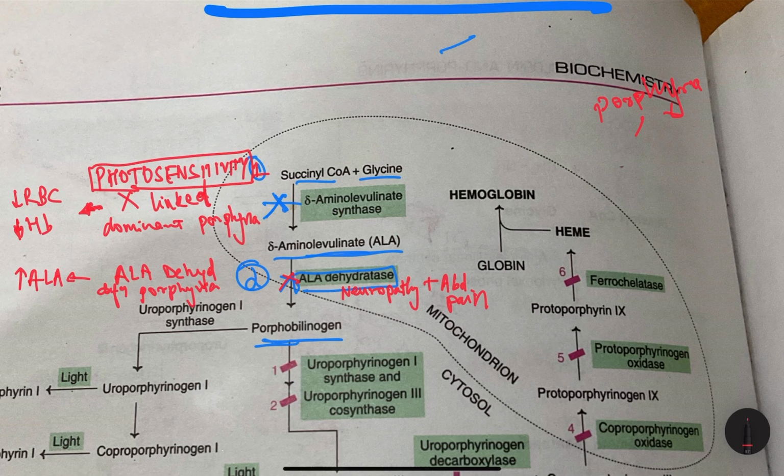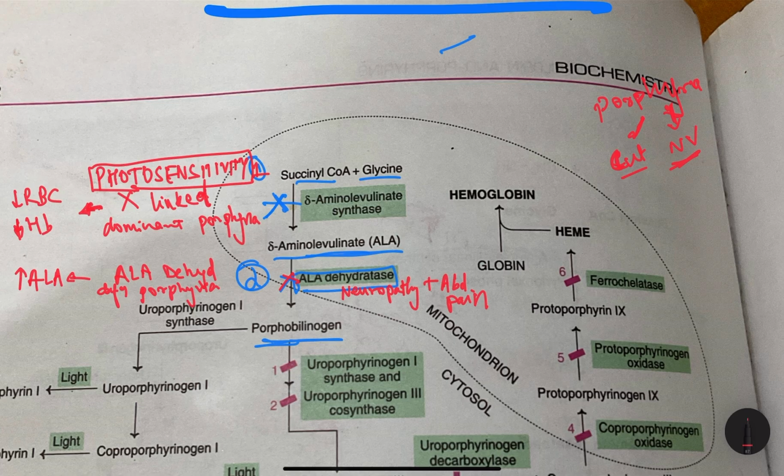Especially when talking about clinical features. One, to be cutaneous, that means having any photosensitivity, and second is to understand to have any neurovisceral conditions, right? So that is what I want you to understand. Okay, so this is a neurovisceral porphyria. Which one? The ALA dehydratase porphyria. Okay, so we've got two porphyrias out, right?